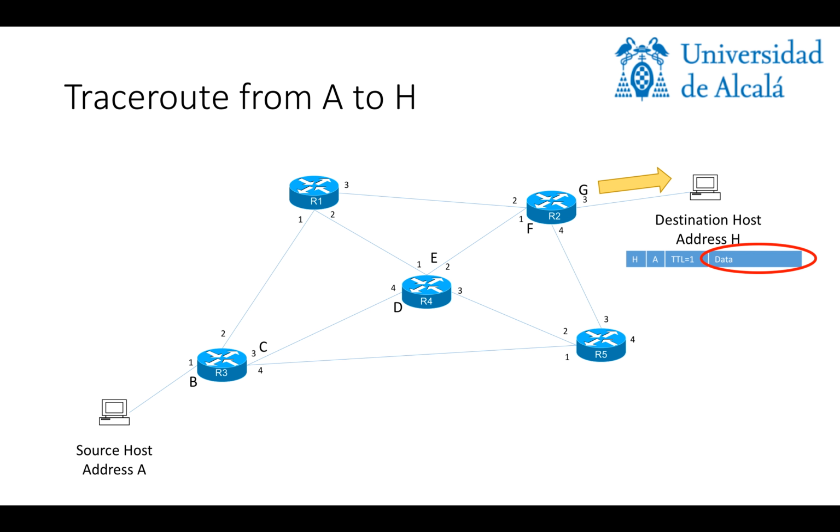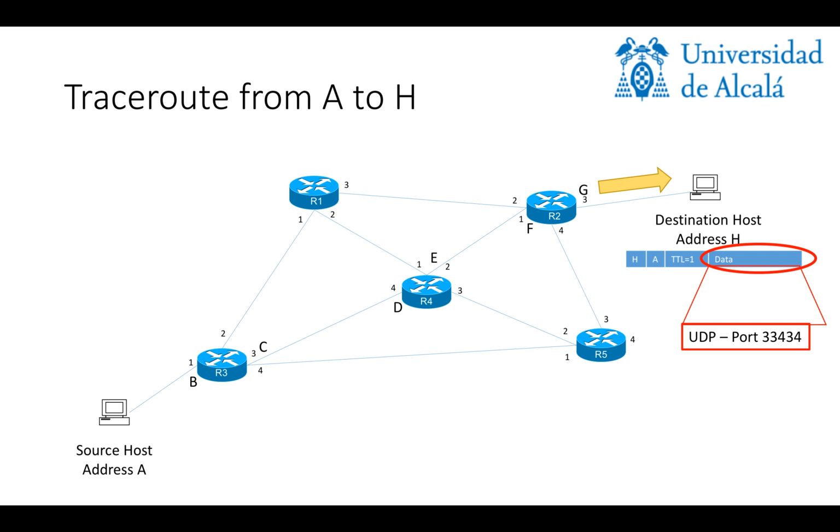So now it's time to see what happens with the data in this IP packet. Normally, the data that this IP packet carries is a UDP datagram to a very high port, normally 33434, which will be a port where no service is listening.